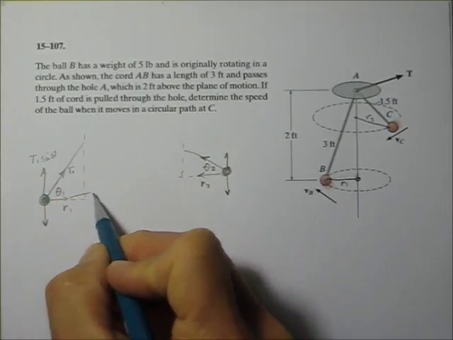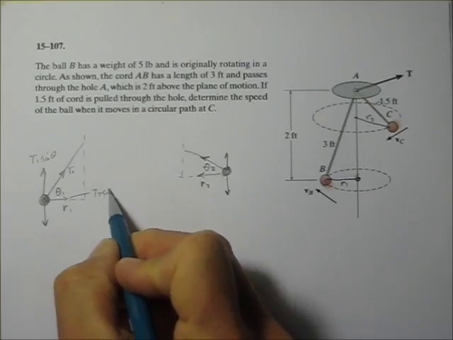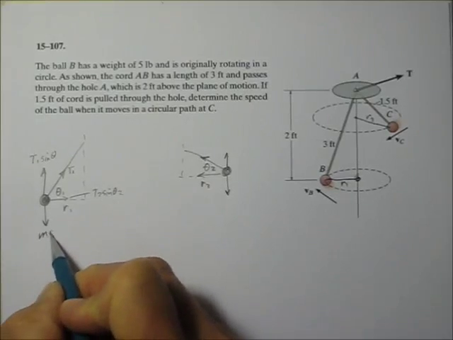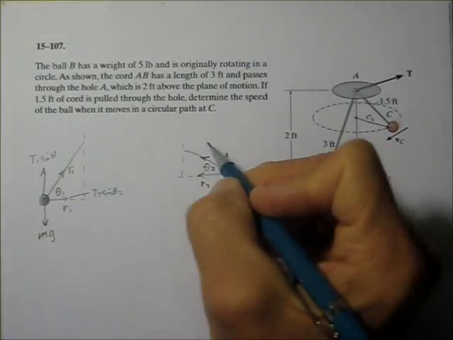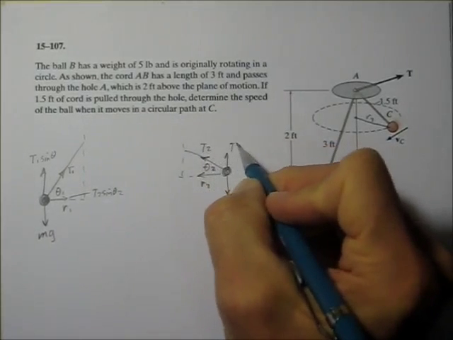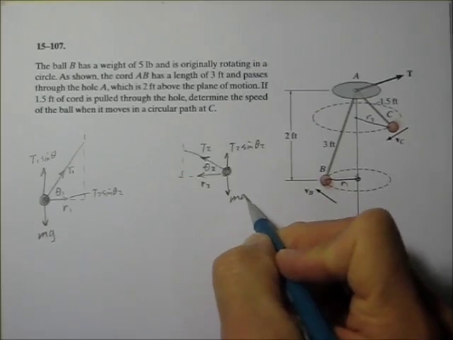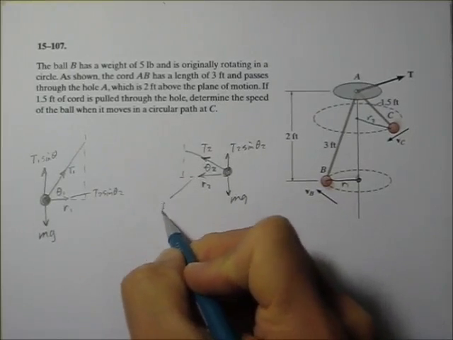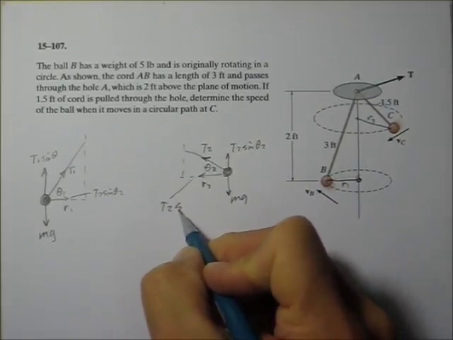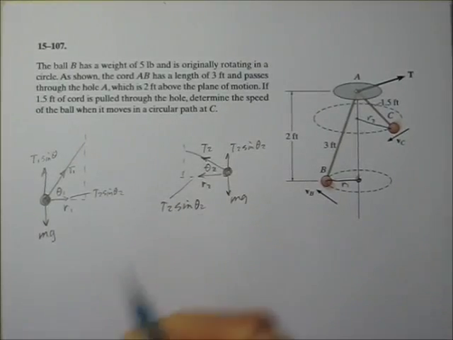This one here is T2 sine of theta 2, and we got an mg coming down. Same thing here, T2, so I got T2 sine of theta 2, mg, and T2 sine of theta 2. All right, so those are the pieces of the forces.